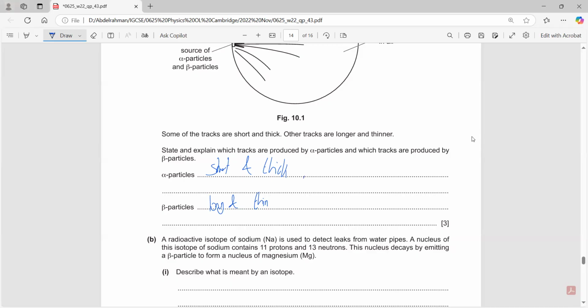So alpha particles: weak penetration, high ionization, and short distance traveled.